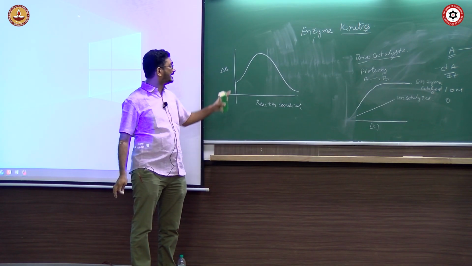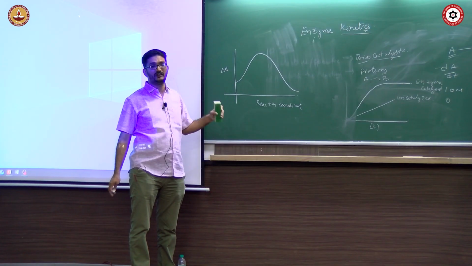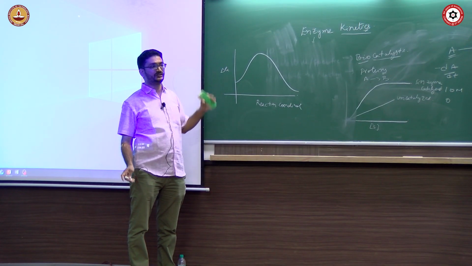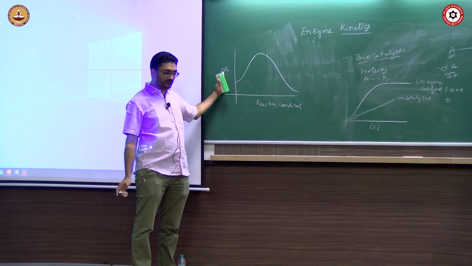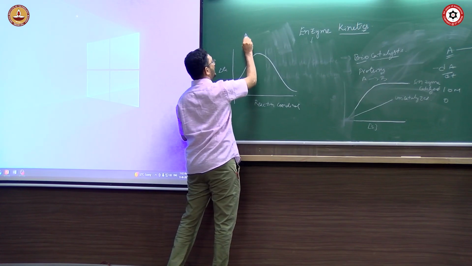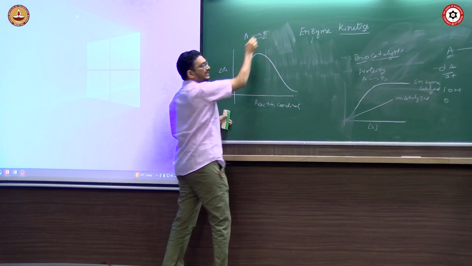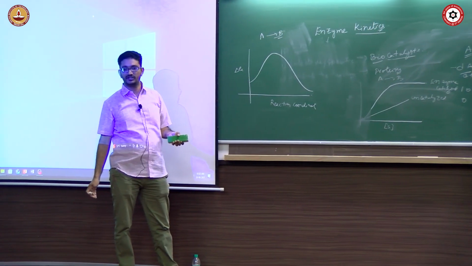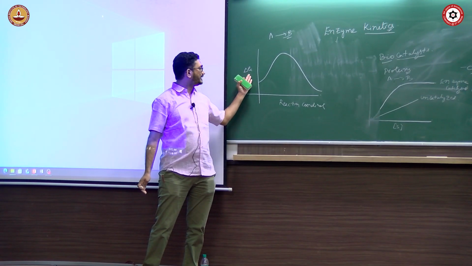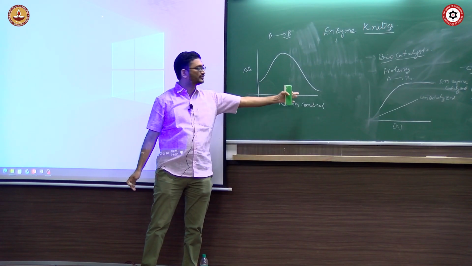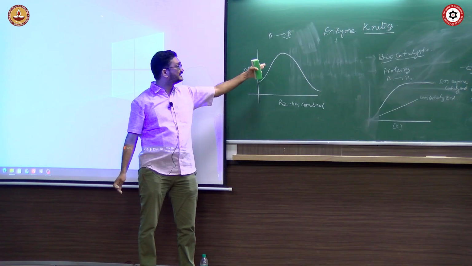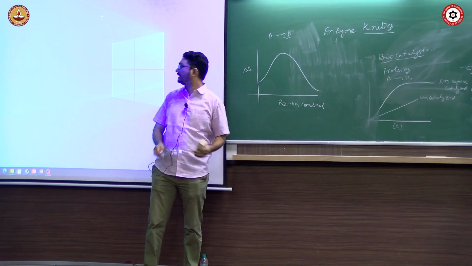Now how do you think an enzyme will change the free energy profile? What will the enzyme do to this? If I have a reaction A going to B, it will have a Gibbs free energy. If you plot the Gibbs free energy versus reaction coordinate, suppose it looks something like this. Now how will an enzyme modulate or change this Gibbs free energy?